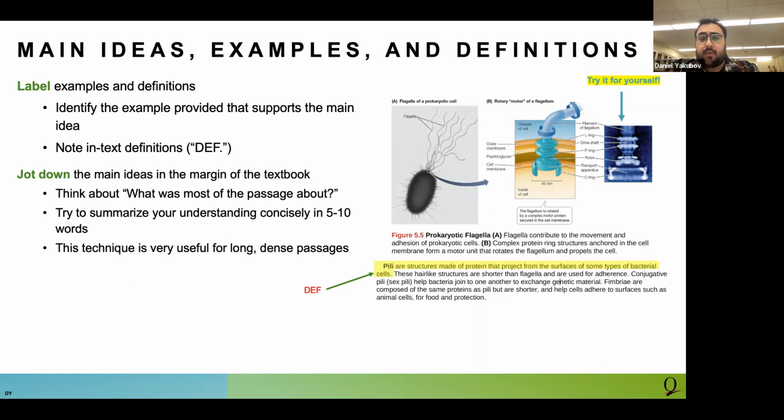Does anyone want to tell me an example of a sentence to summarize this small section of the textbook? So one sentence, what can you say about all this information in one sentence? How can you summarize it in one sentence, really? Anyone?